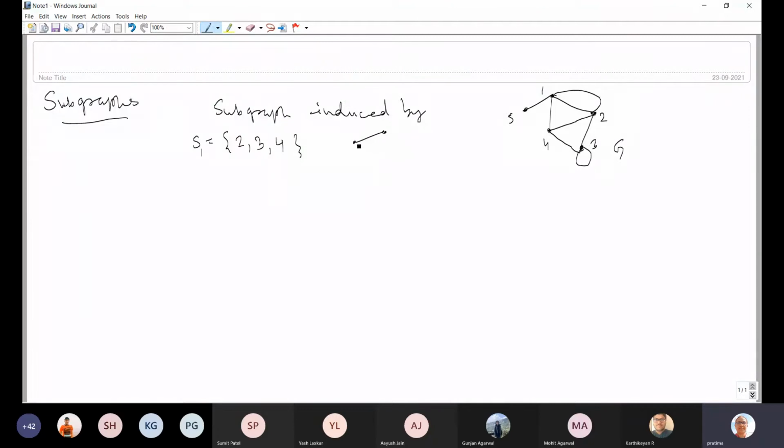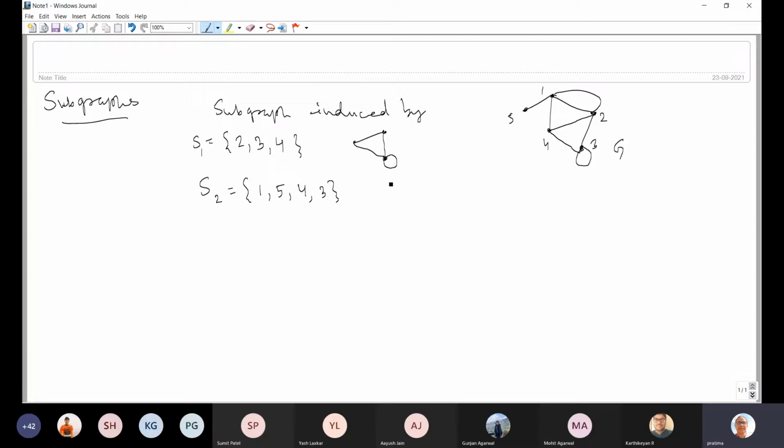Here you have to consider the subgraph of the graph G in which you take all the edges of G whose end vertices belong to S1. Now the subgraph induced by S2: suppose I take 1, 5, 4 and 3.